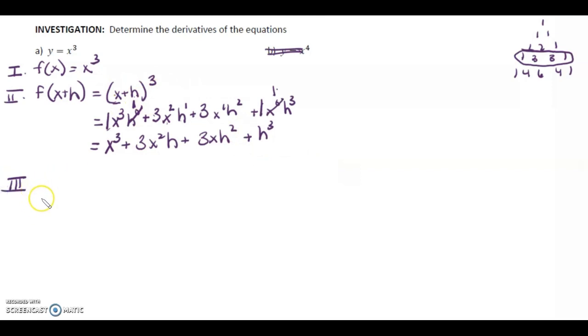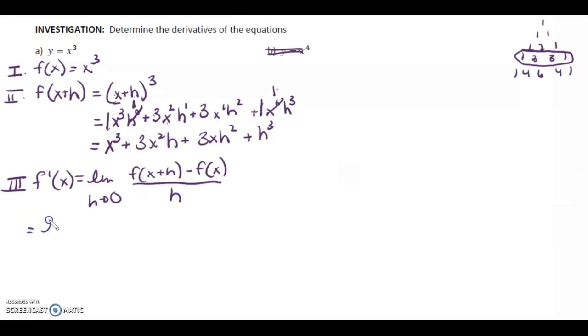So now let's actually sub into the equation. So we're going to have f prime at x equals the limit as h approaches 0 of f at x plus h minus f at x all over h. Okay, and we've already done these 2 parts.